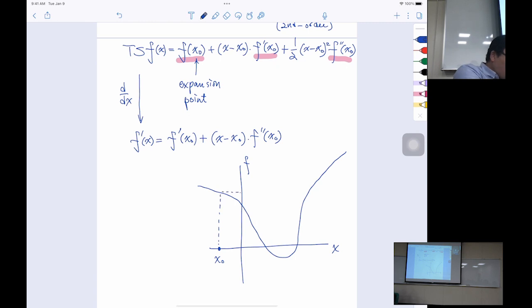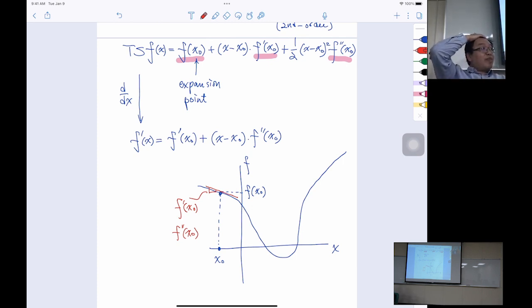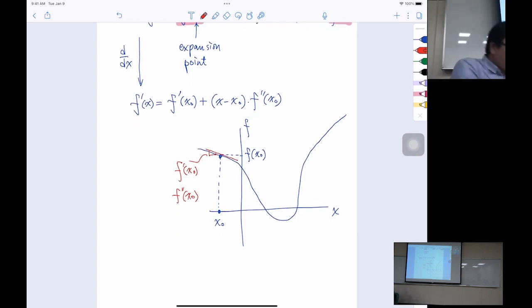I try to figure out what the function value is, and I take a derivative, so the slope is f prime of x0, and I take another derivative to get the second order. Basically, they are numbers, right? This is a graphical representation of what's going on, but if you want to realize this, you need numbers.